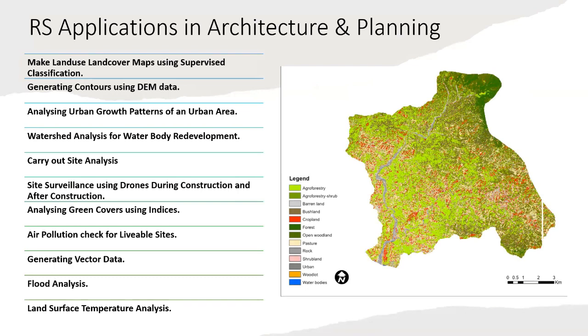And then there's a technique called supervised classification in remote sensing, using which we can classify the satellite imagery into land use, land cover classes, and the final output looks like this. The imagery has been classified into these many LULC classes. So this is one of the use cases. We can generate LULC maps.